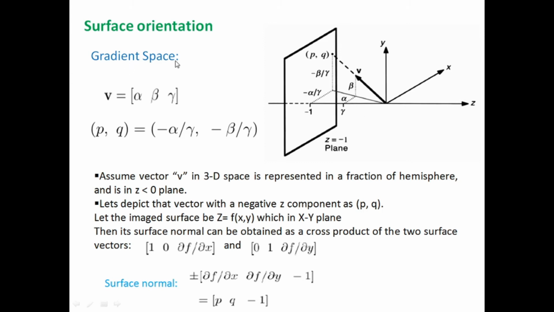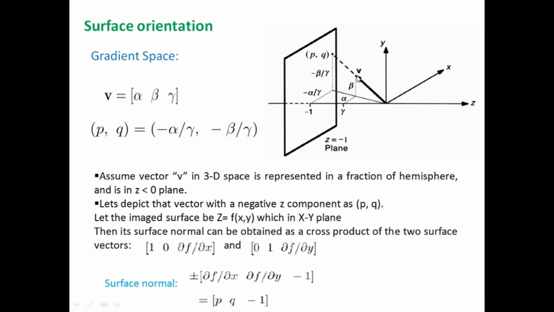So for gradient space, let me assume I have x, y, z, a 3D coordinate system. Here is my positive z direction. If I go this way I will have a negative z direction, and this side a positive x-axis, this will be my negative x-axis, positive y-axis, and downside negative y-axis.